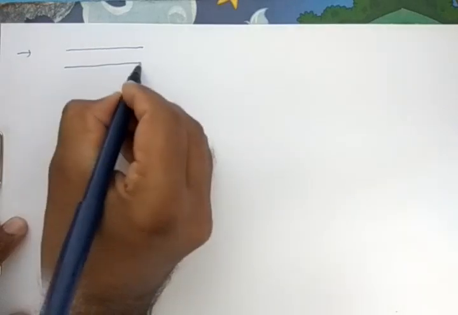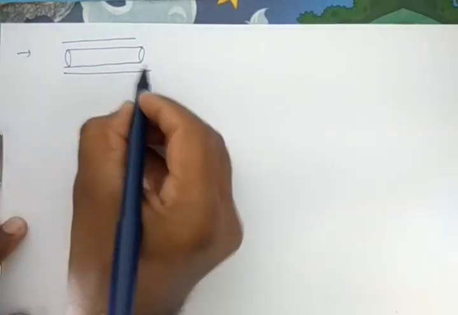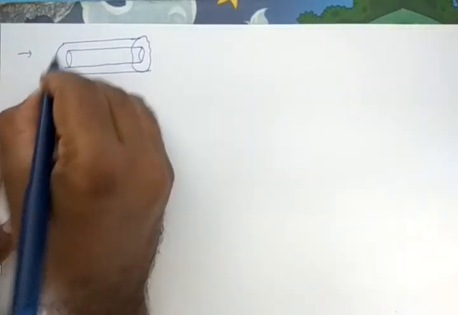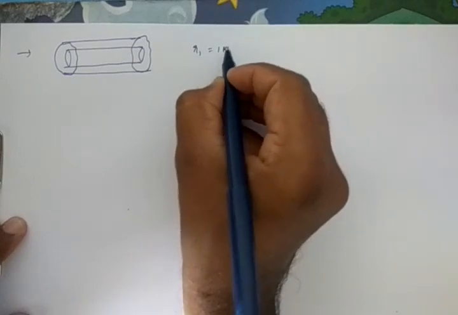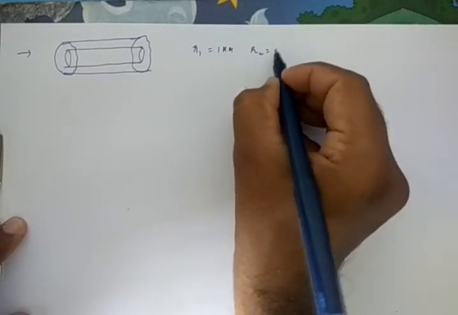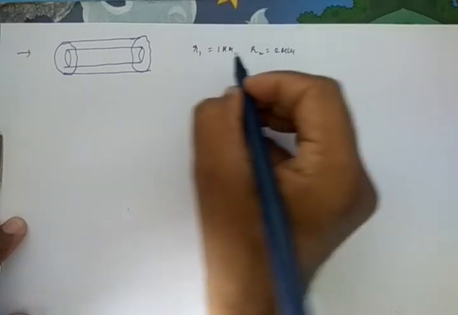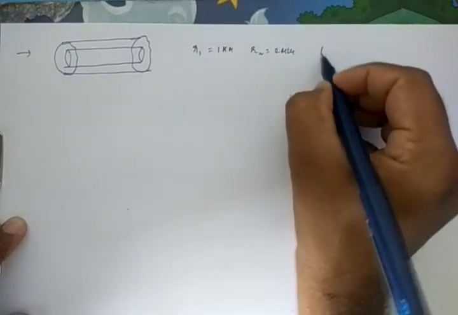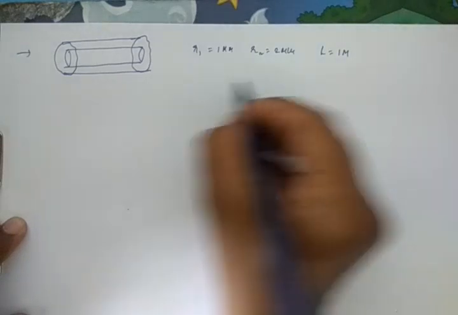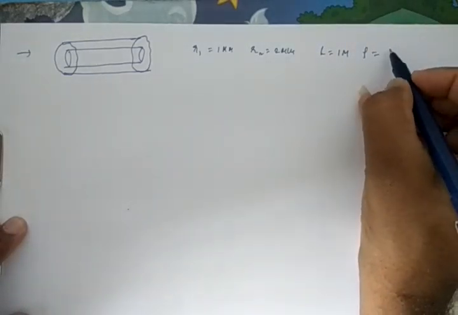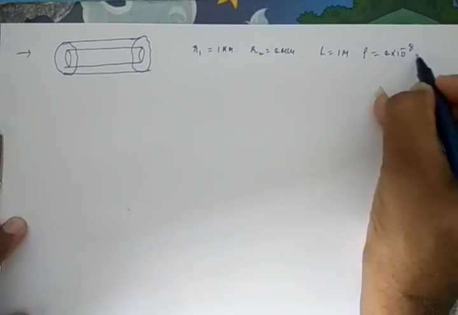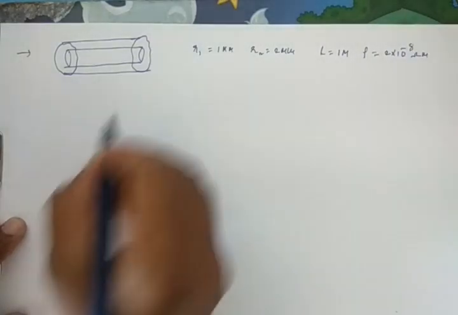So this is a hollow cylinder, the inner radius is 1 mm, the outer radius is 2 mm, the length of the cylinder is 1 meter, and the resistivity is 2 into 10 power minus 8 ohm meter. You need to find the resistance.